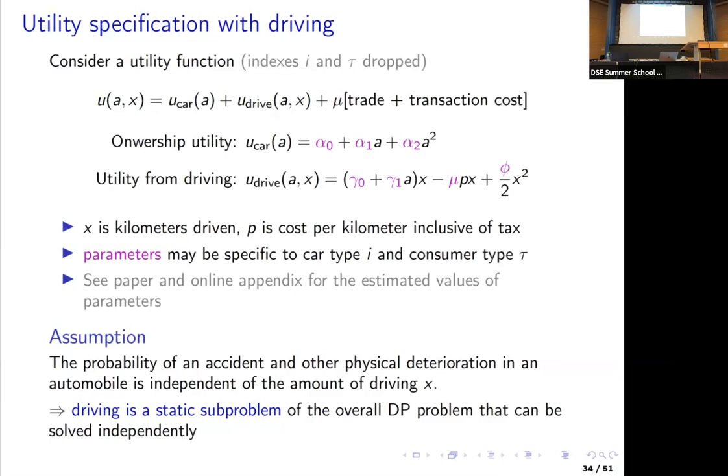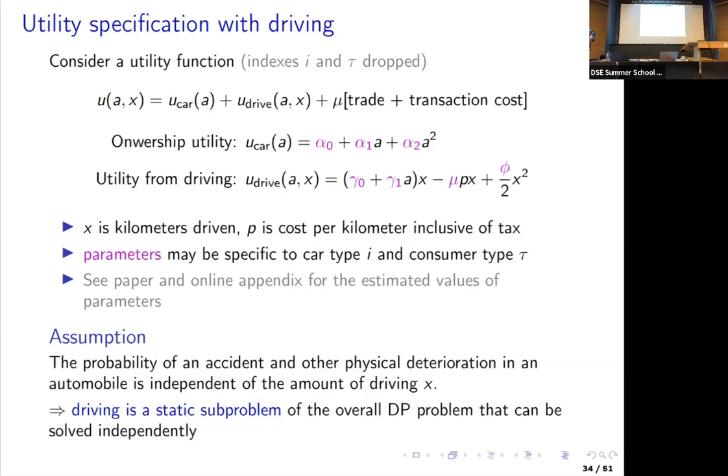And we want to talk about driving, so we want to put driving into the utility function, into the preferences. We use a quadratic utility of driving, depending on x, which is the amount of driving, and the car characteristics.